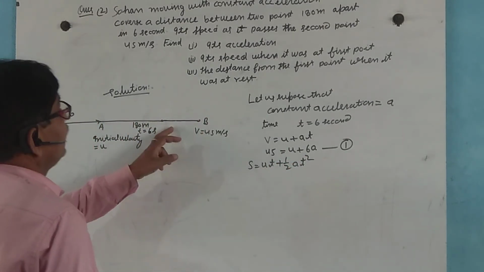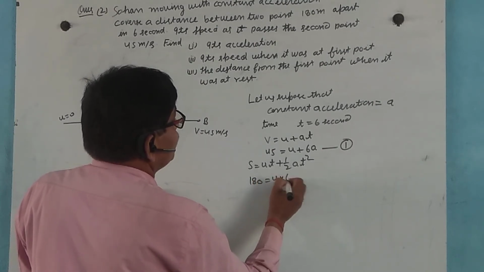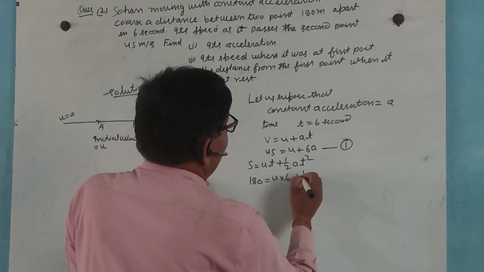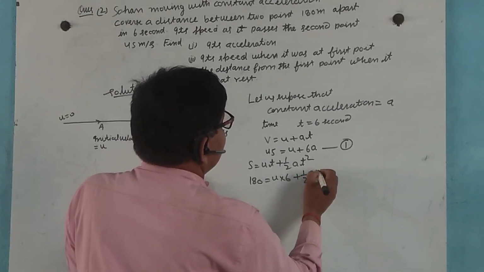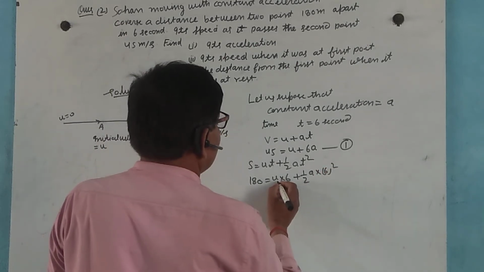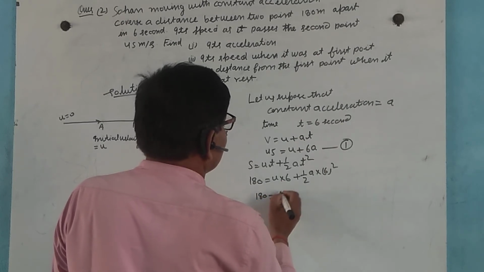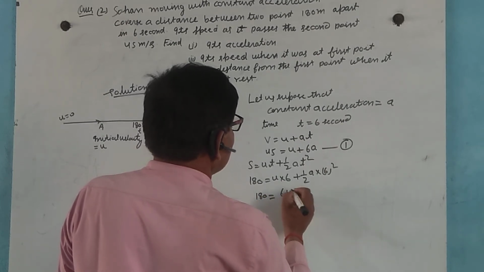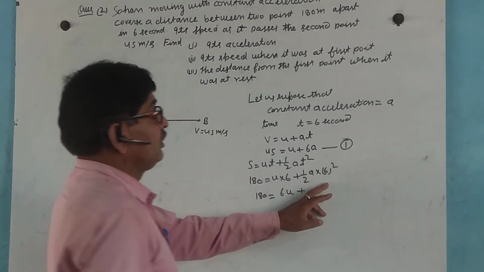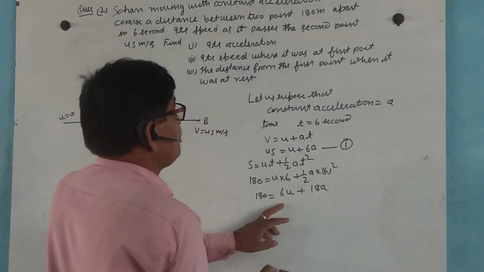S is equal to 180 meter, t equal to 6, so 180 equal to 6u plus half a into 6 square, which is 6u plus 18a.